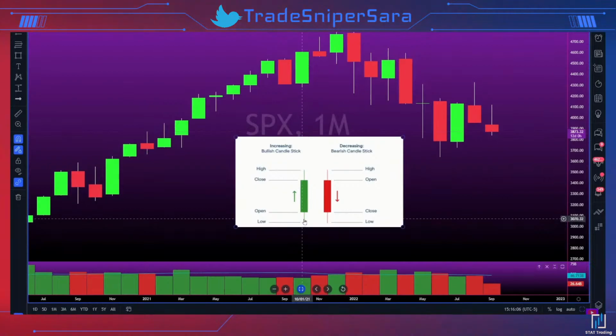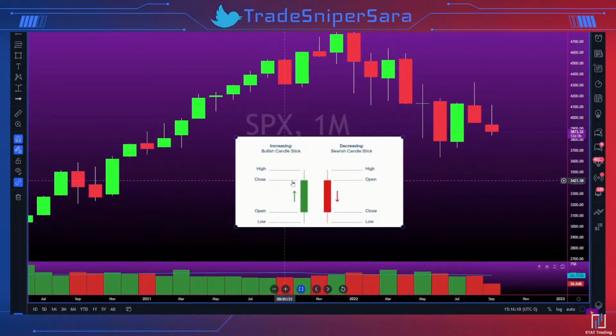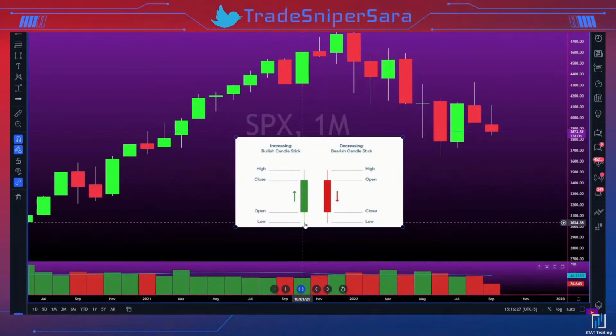You have 4 components: the candle's open, the candle's low, the candle's high, and the candle's close. And these are important to note. So in any given time frame, this candle has traveled from all the way down here at the low to the high, and then candles have to open and close.